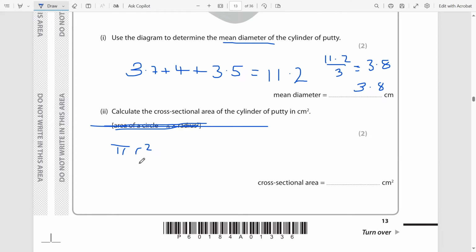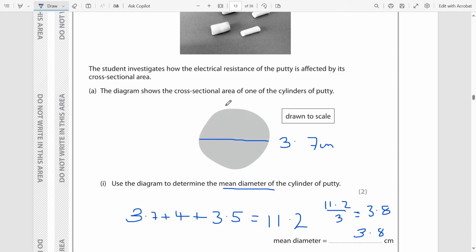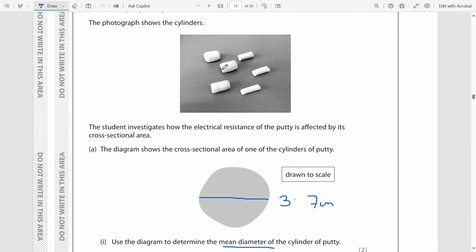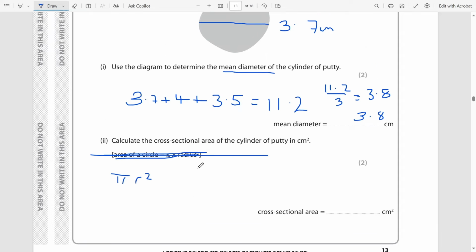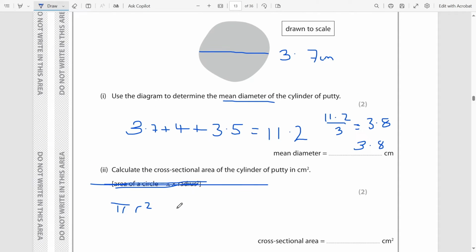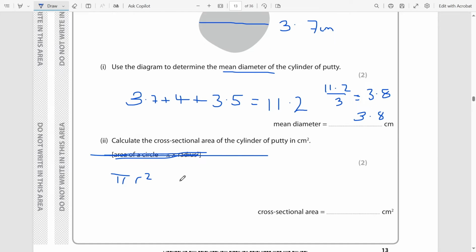We're trying to find the cross section, guys. Don't get confused. This is a cross section, like we just cut this thing in half. Remember, this is the radius we're using, not the diameter, so be careful.